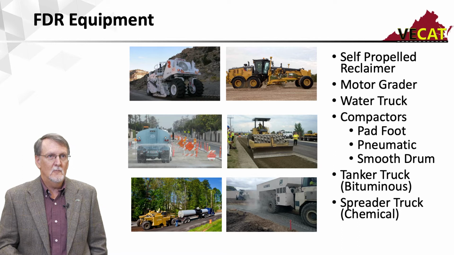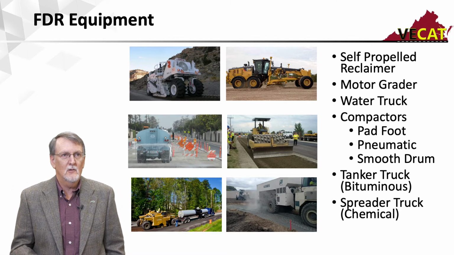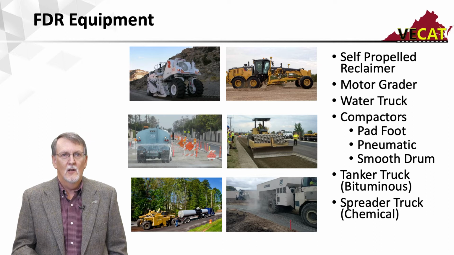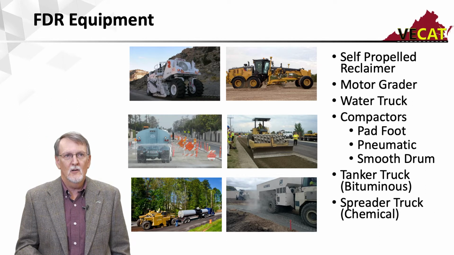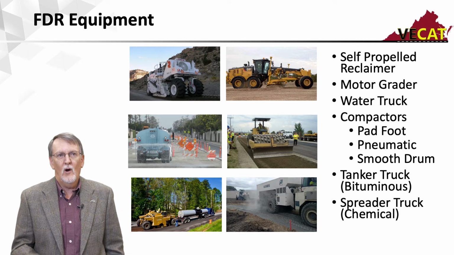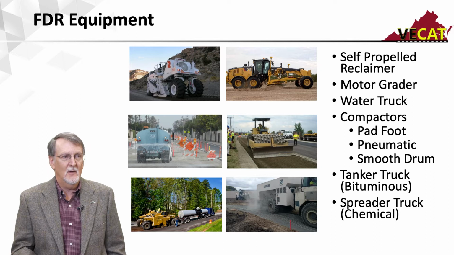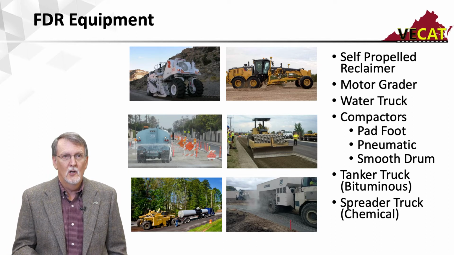As far as the equipment, the self-propelled reclaimer that you see on the upper left, we're going to use one of those. We need a motor grader to spread this material out prior to compaction. We're going to need water trucks. Water is used for compaction. This is compacted like an aggregate base. It also can be used to help cure a cementitious stabilized layer.